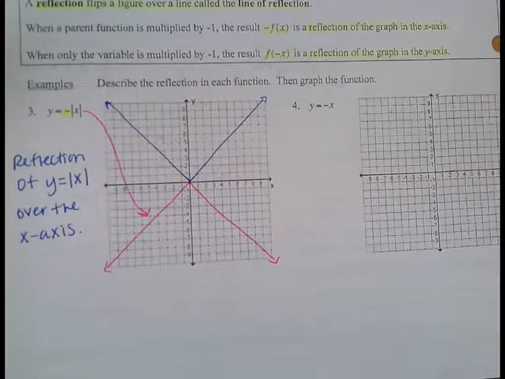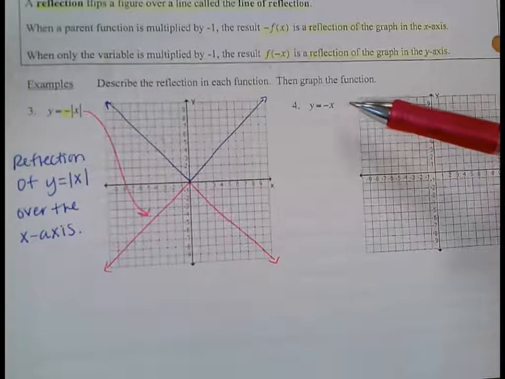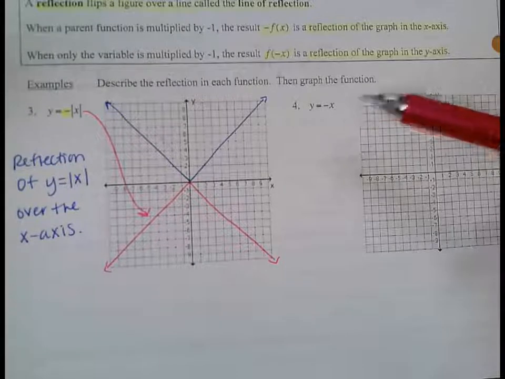How can you tell the difference between linear and quadratic? If it's squared, thank you. So if there's an exponent of 2, it's quadratic. There's no exponent of 2, so it's linear. So it's going to be a line.